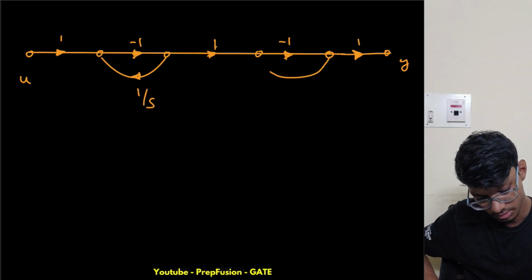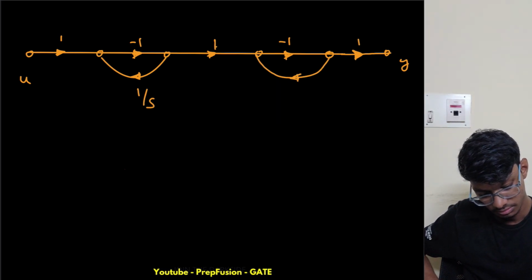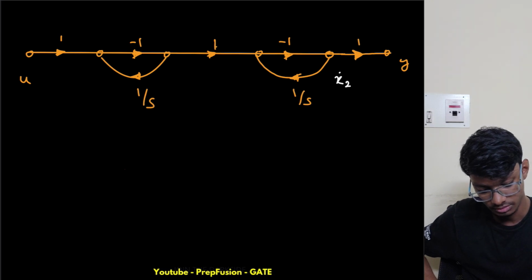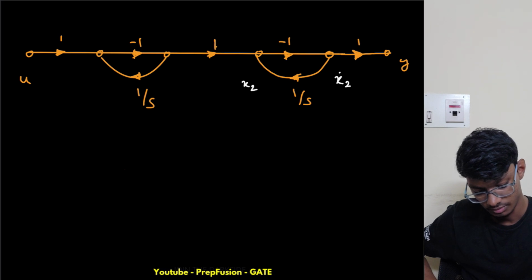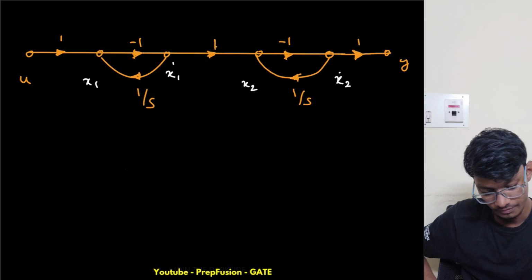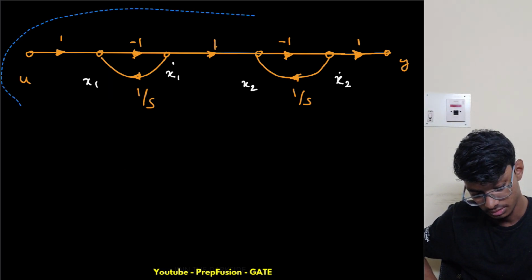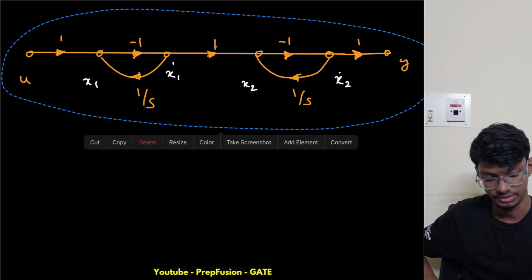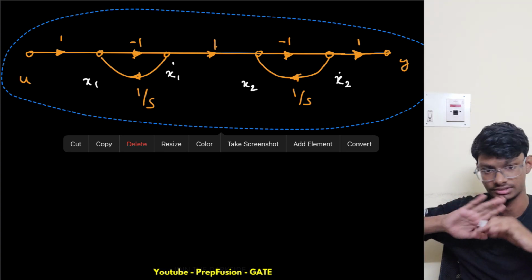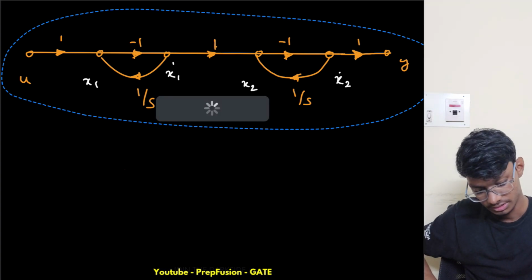So this is again 1 by s. What I told you, I will assume this as x2 dot, this as x2, this as x1 dot, and this as x1. Now I will simply remove the 1 by s terms, as I've already taken the effects. Initial conditions are already gone.